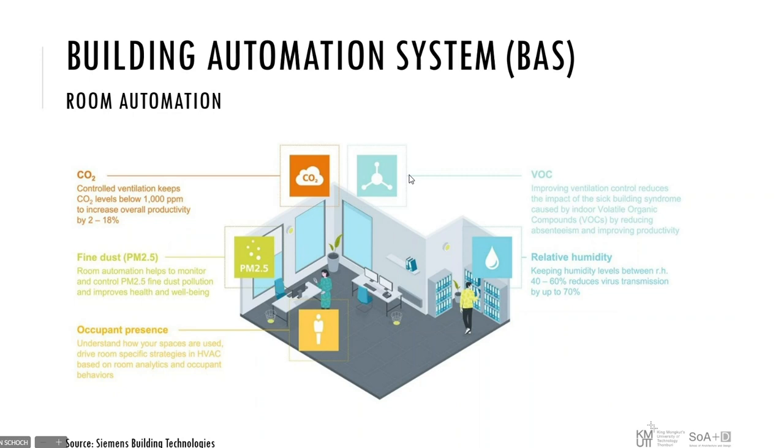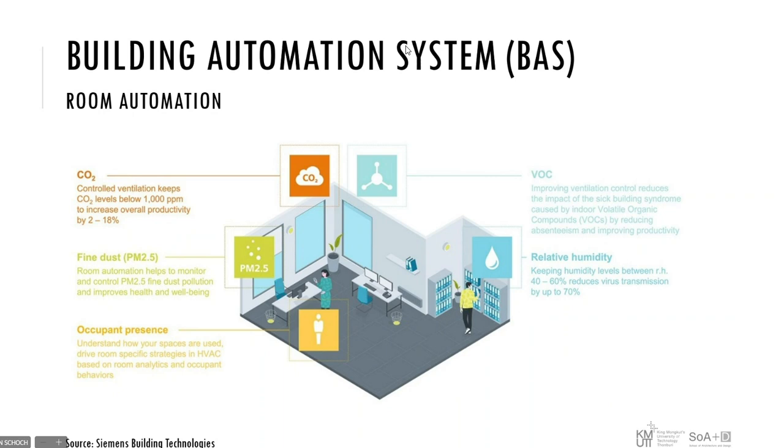But also, more importantly, the control of carbon dioxide in the rooms to make sure that the productivity of people is not compromised, because the more people are in a space, the more they breathe and work, and if there is not enough fresh air supply, the more the productivity will be reduced in this area. So these are all controls that are supposed to help with the productivity of the people in the interior spaces.